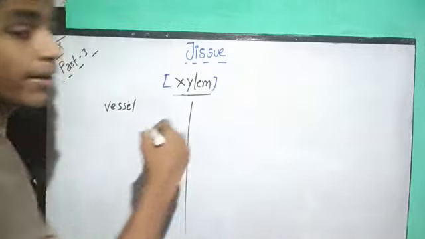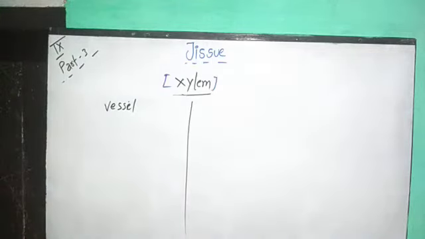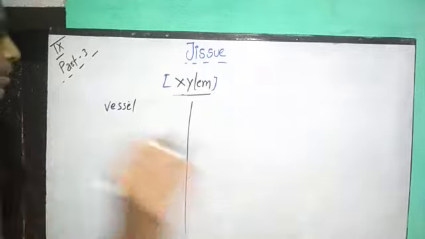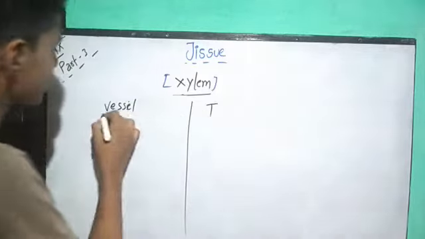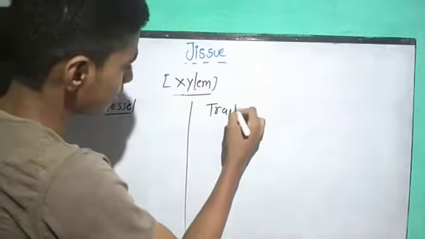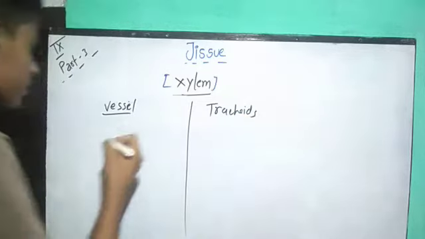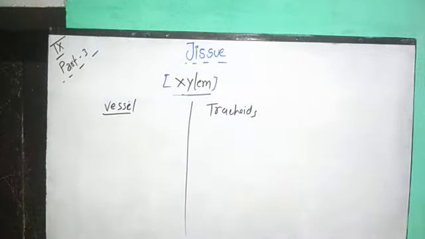Vessel, sorry, I am repeating, vessel, not vesicle. Actually, vesicle is somewhat different, that we will see later. Now I am going to tell you vessel and tracheids. The first differentiation between these two is that vessels contain more than one cell.